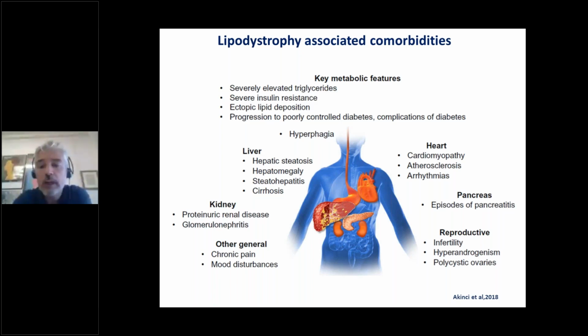So usually when leptin levels are very low, central hypogonadism may develop, and some of these patients may display infertility. Kidney disease is not rare at all. And finally, other important aspects not well understood yet: chronic pain, which is frequently referred by our patients, and mood disturbances.